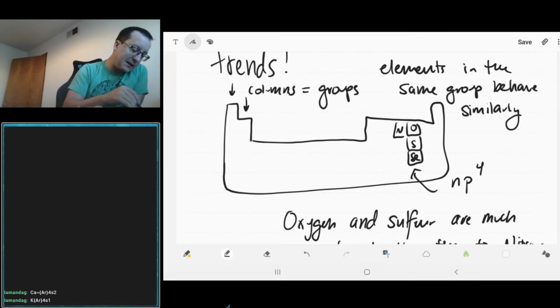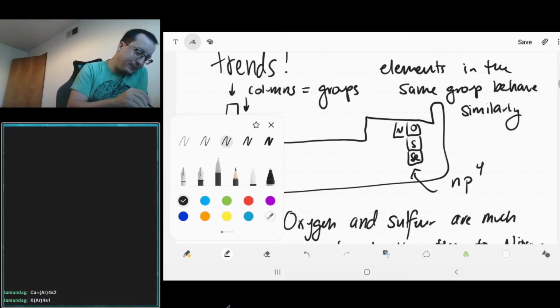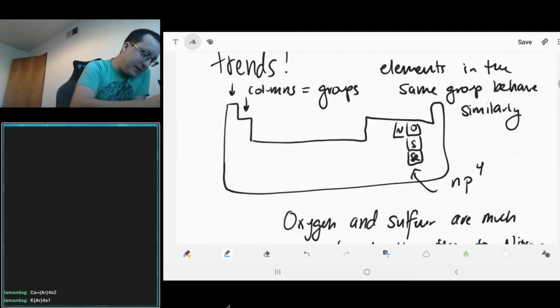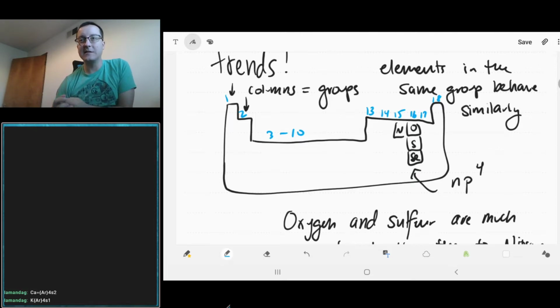And so we're going to have some shortcuts here. We often number these groups. And then, of course, here's 3 through 10, which we don't care about in this class. Those are transition metals. We don't care.